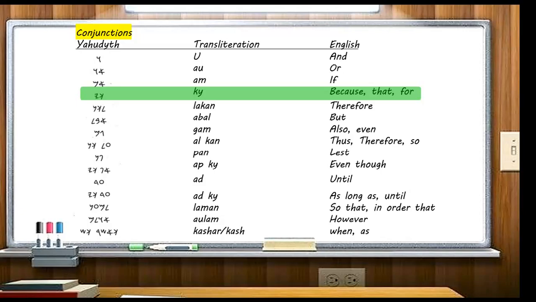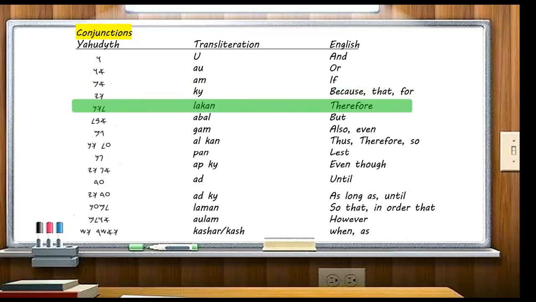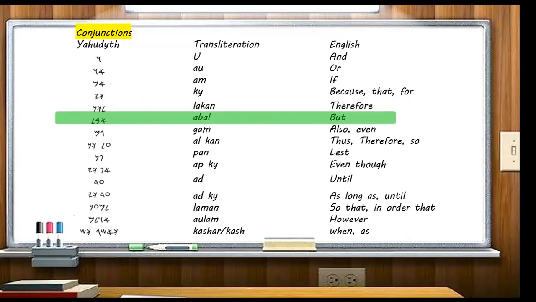Then we get to the word therefore, which in Yahudyth is lakan, lamad, kaf, nun. That's therefore, lakan. But is abal, and that's the alaf, bith, lamad, but.